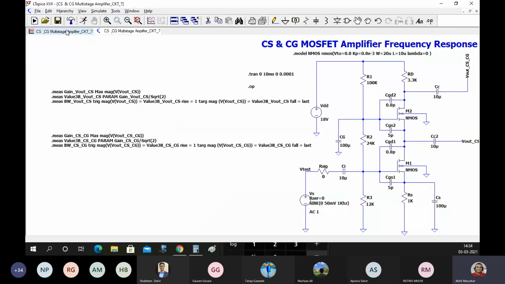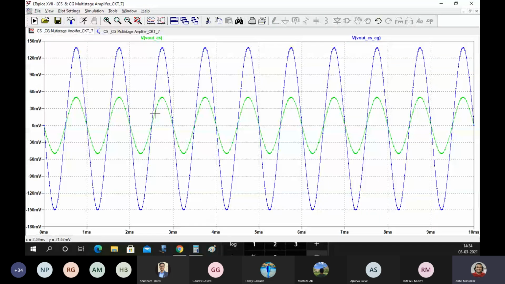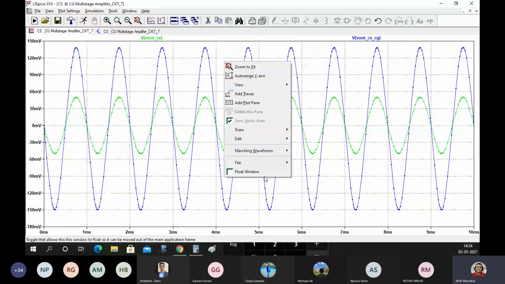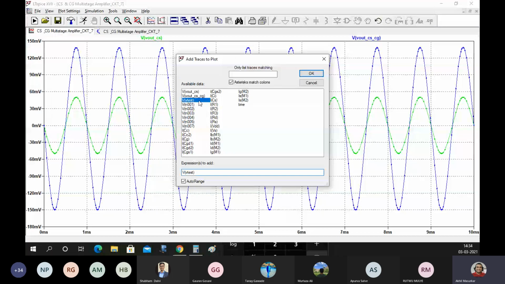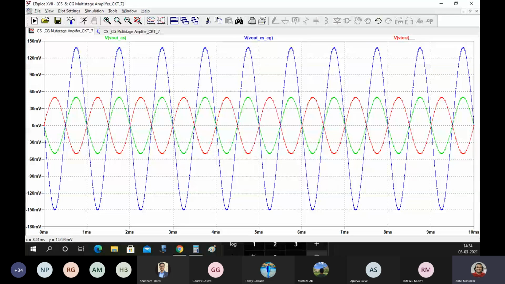We can also plot, so this is my input. So the red one is your input. So you can see that between red and green there is 180 degrees of phase shift, which is very natural because the first stage is a CS amplifier, and the blue one is the gain of the multi-stage.